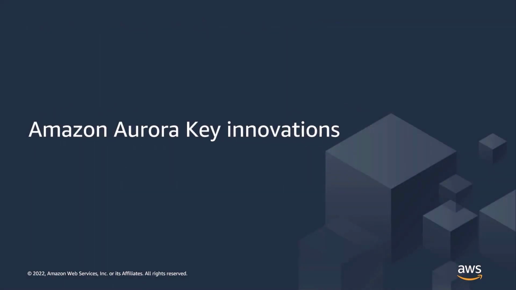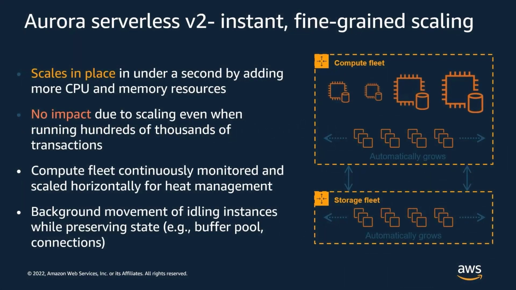Okay, so let's look at some of the key innovations that Amazon Aurora has done over the years. Now, what better way to start talking about new and innovative features than Aurora Serverless v2, which was made generally available in April of this year.